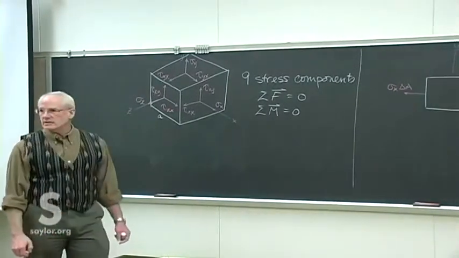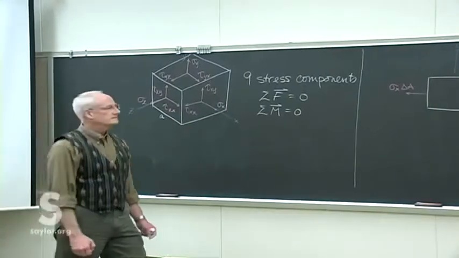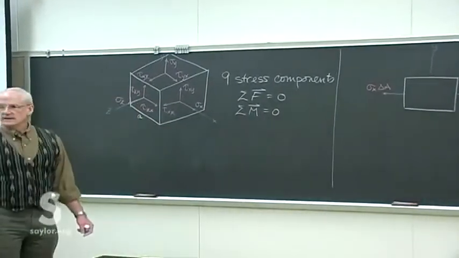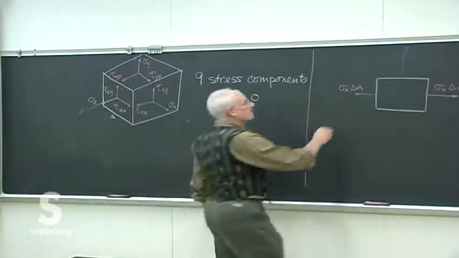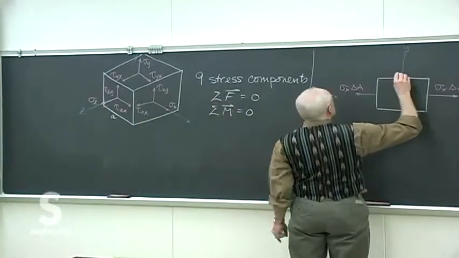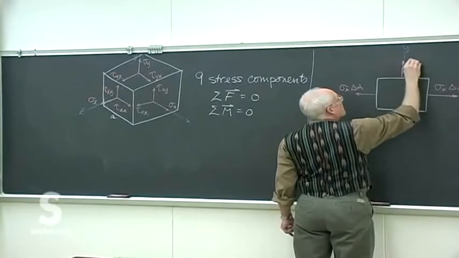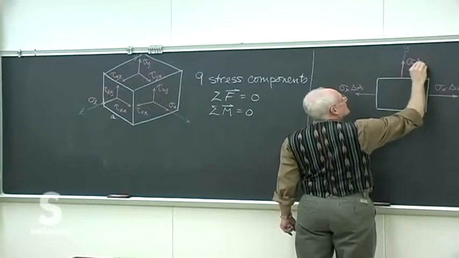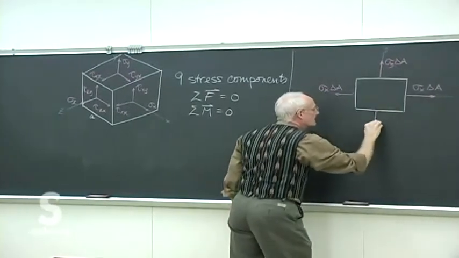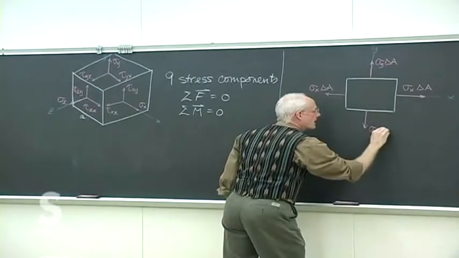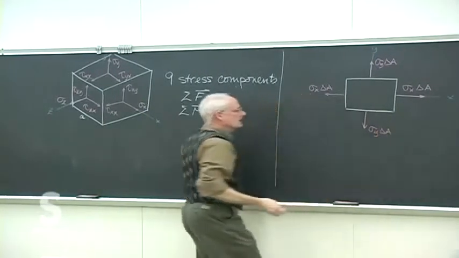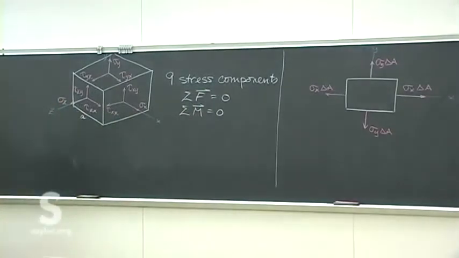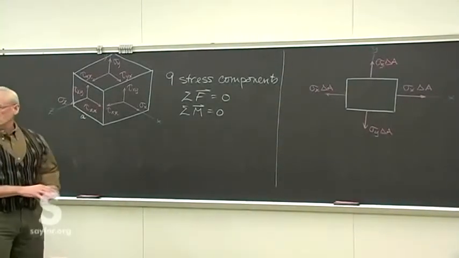And again, arbitrarily drawn as tension. And the sigma y forces, sigma y delta A, and an equal and opposite member to that, sigma y delta A. So automatically, by virtue of that, we've already got the force balance satisfied, at least for the normal stresses.